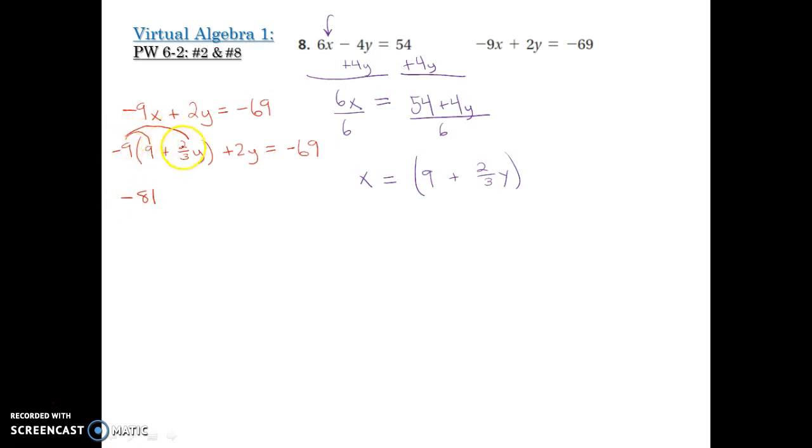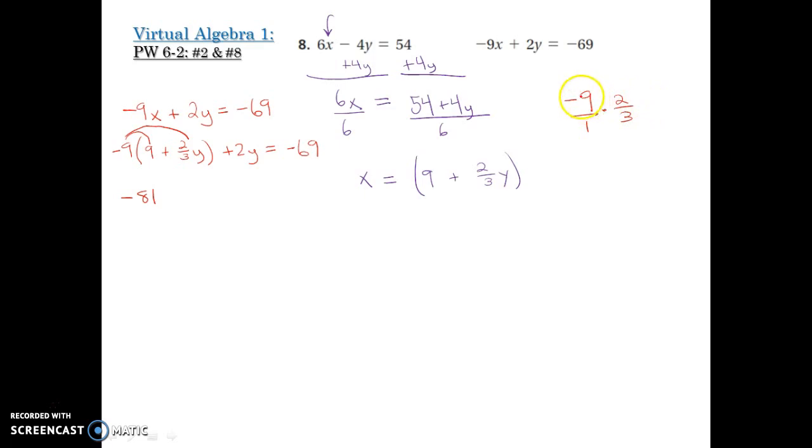Negative 9 times 2/3. Let's go off to the side and think about what negative 9 times 2/3 is going to be. Negative 9 is the same as negative 9 divided by 1. Anything divided by 1 is itself. And then when we multiply fractions, we do top times the top, bottom times the bottom, and then we can reduce and see what cancels out.